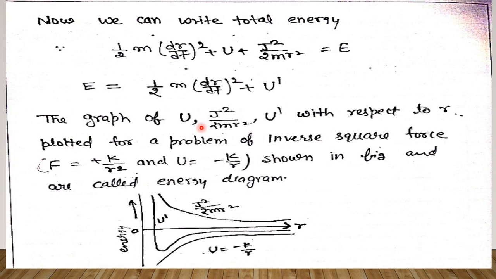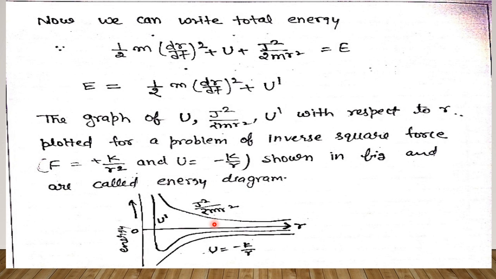The graph of U' = U + J²/2mr² with respect to r, plotted for the inverse square force problem, f = k/r² and U = −k/r, is shown in this figure, and this is called the energy diagram.